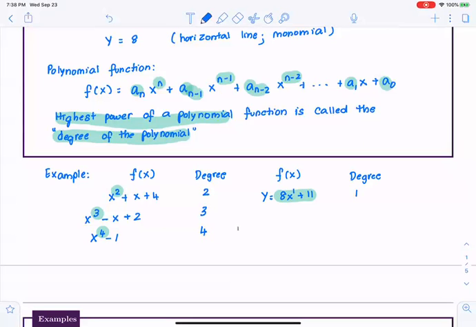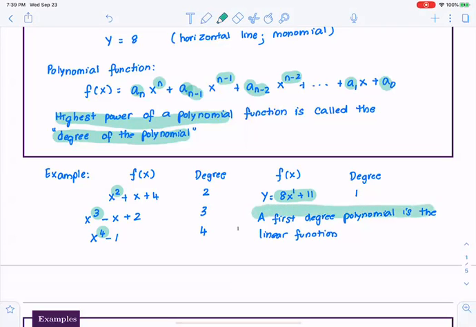So in conclusion, a first degree polynomial is simply the linear function that we all know. A first degree polynomial is nothing but a linear function that we write as y equals mx plus b.